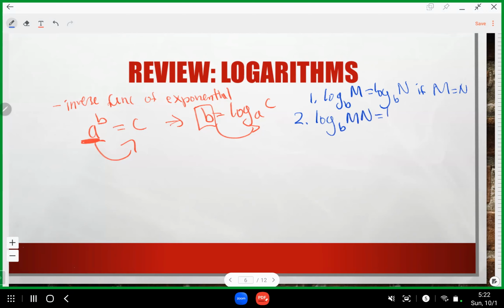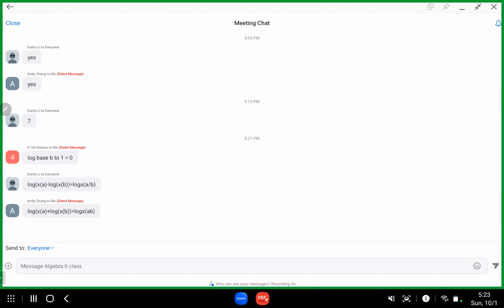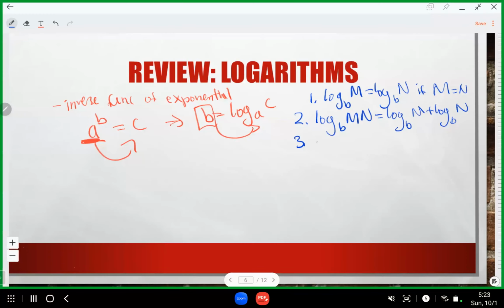So we have a couple more. Log base b of 1 is equal to 0, yes. And log base x of a minus log base x of b is equal to log base x of a over b. So let's write that down. That also is very important.